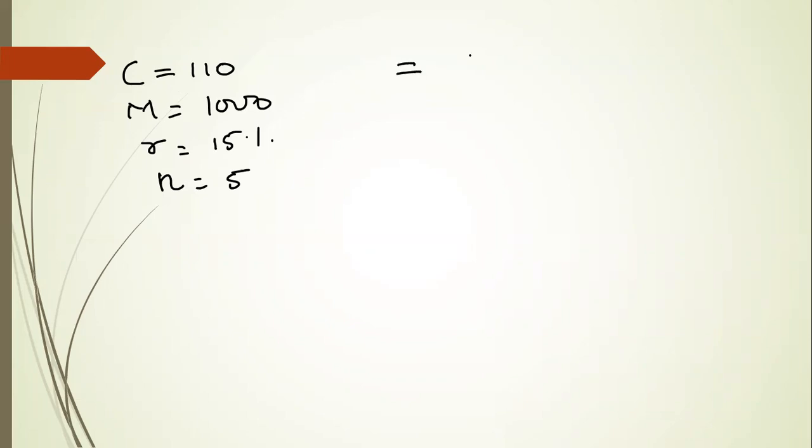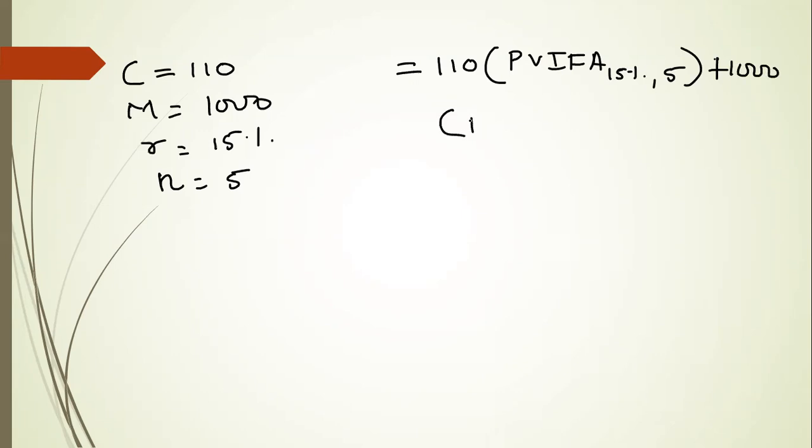So P is equal to C, that is 110, into the present value interest factor annuity for 15% for 5 years, plus 1000 into the present value interest factor for 15% for 5 years.